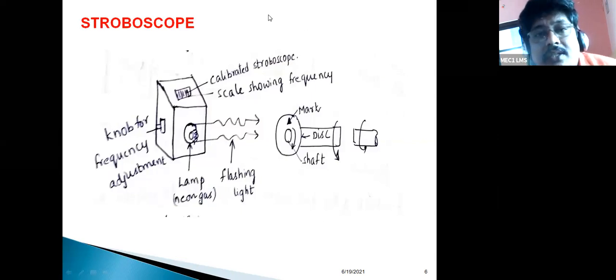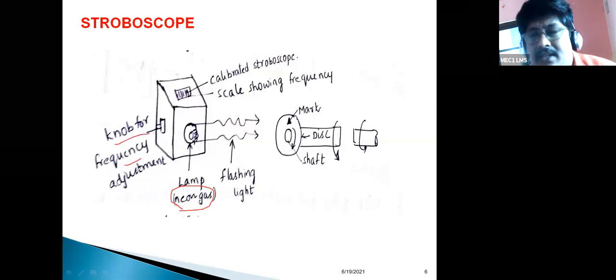Now if you observe clearly, it consists of a lamp, that is a neon gas. Inside this box, it contains a lamp, that is nothing but a neon gas. There is a knob on the side of that one.